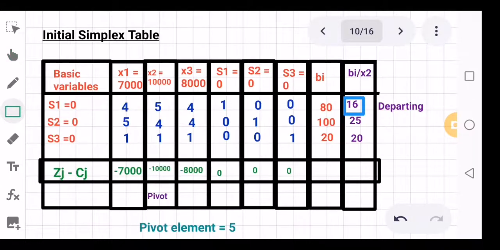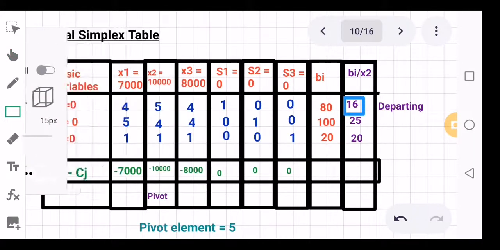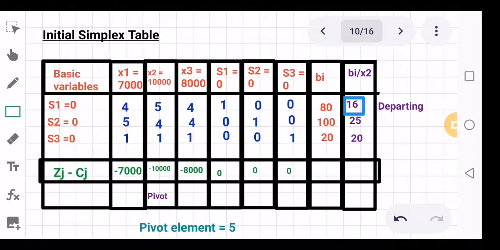There is one more important thing over here, that is your pivot element. Your pivot element is 5.